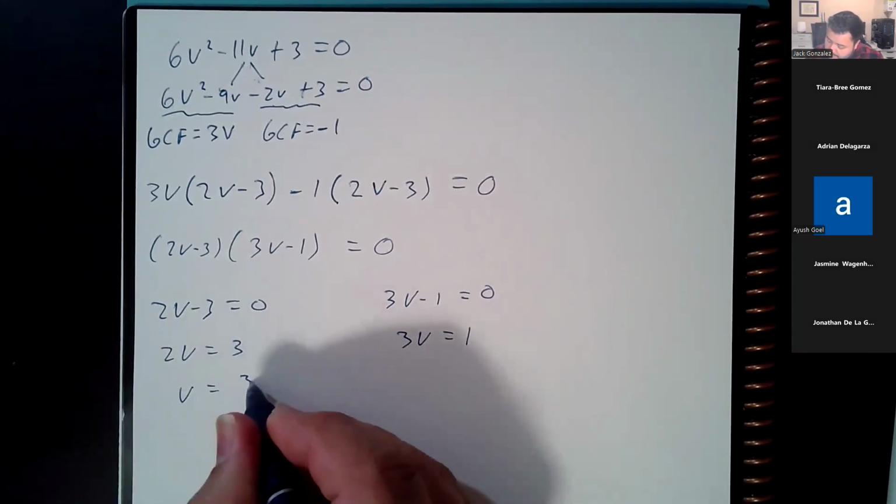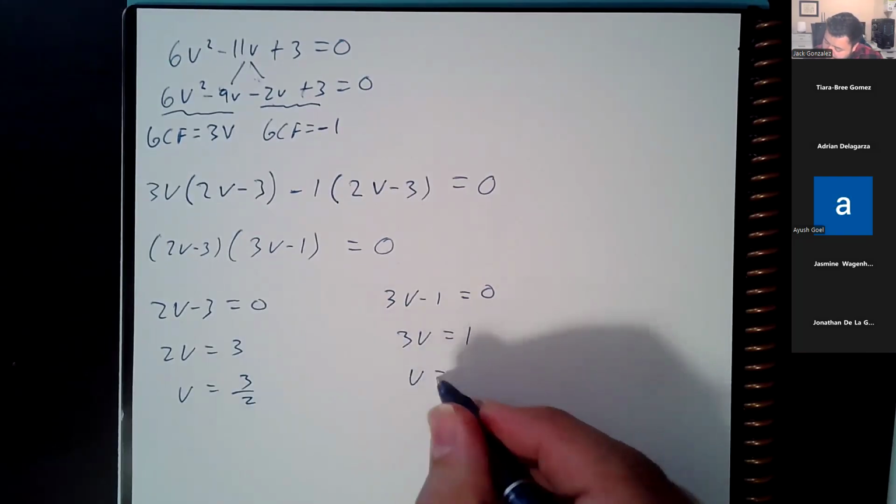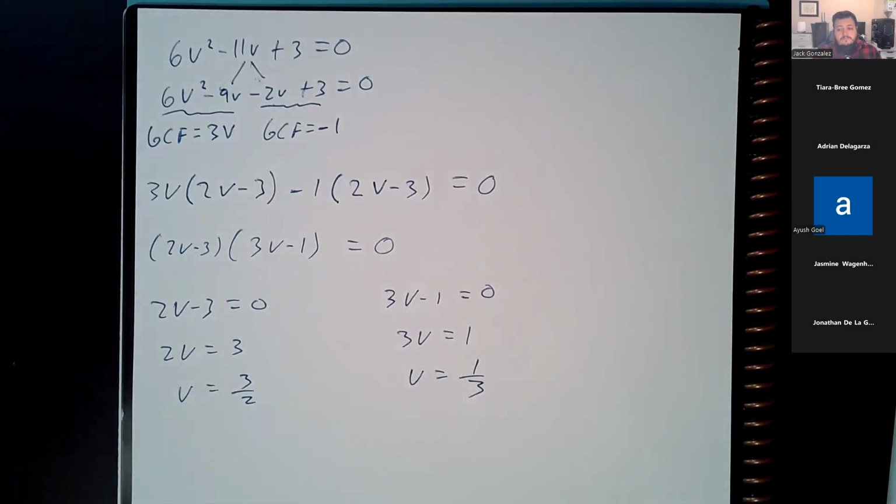Any questions on the algebra that I did not show? I'm trying to show extra steps just in case your factoring is rusty.